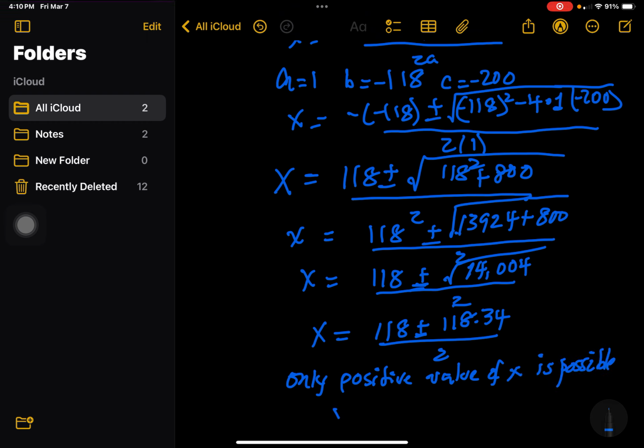So x is equal to 118 plus 118.34 divided by 2, which is equal to 236.34 divided by 2, and that is equal to 118.17.